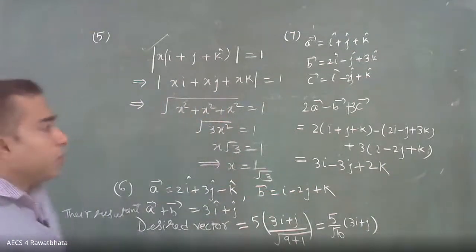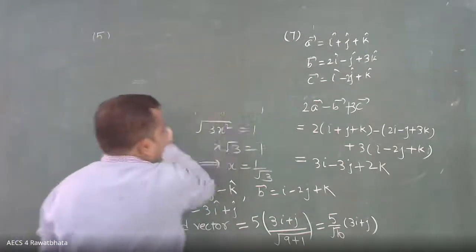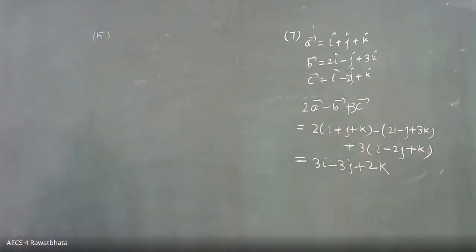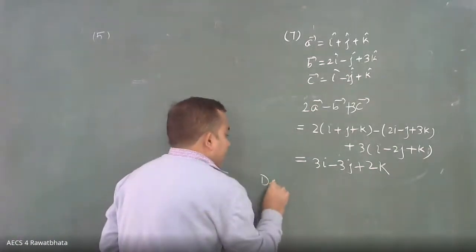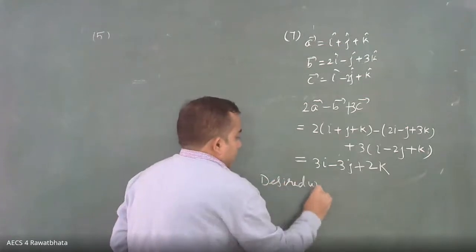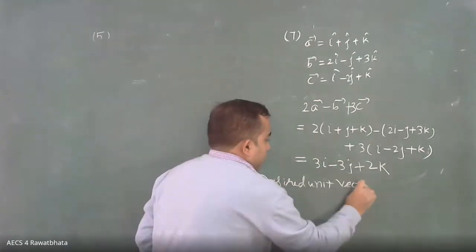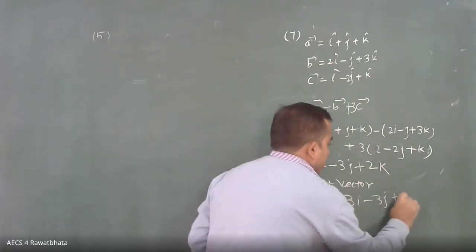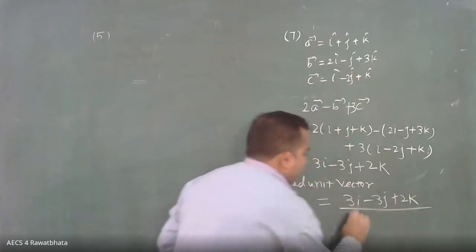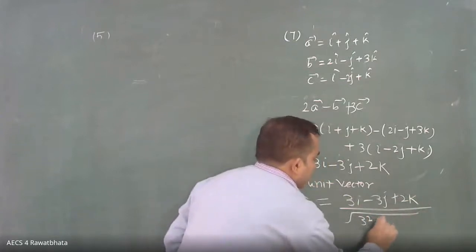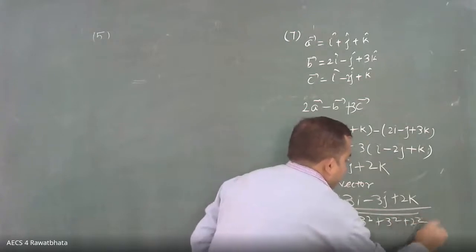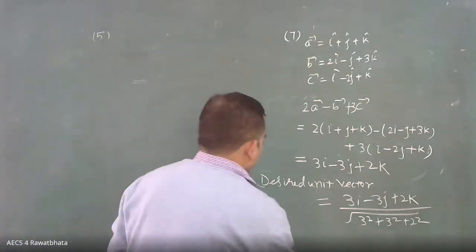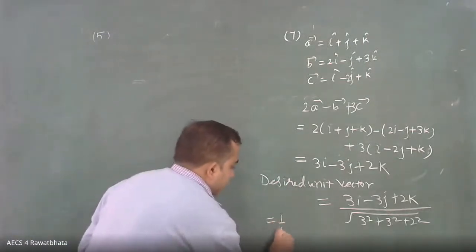So make it unit, divide by its magnitude. I will write desired unit vector is equal to 3i minus 3j plus 2k whole divided by its magnitude. Magnitude is 3 square plus 3 square plus 2 square. And 9 plus 9 plus 4, 18 plus 4, 22. Check out. Divya, is this right?